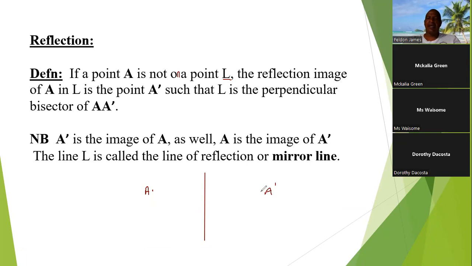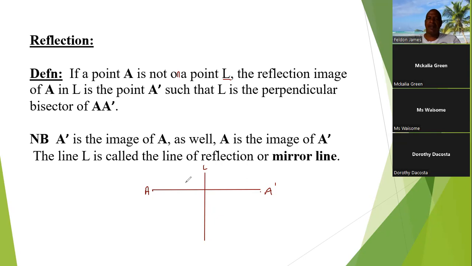And what they are saying, the line L, which is this line, will be a perpendicular bisector of the line A to A dash.